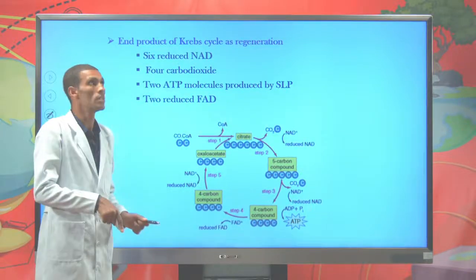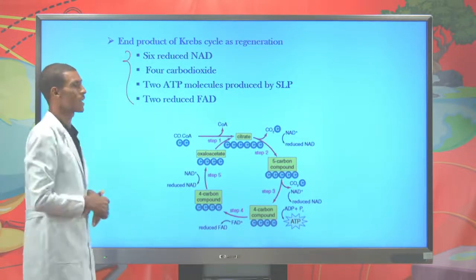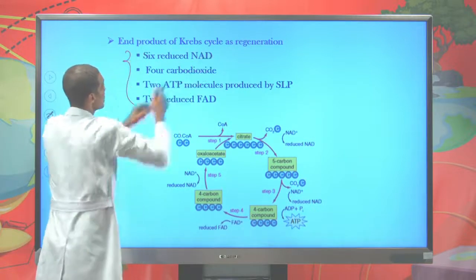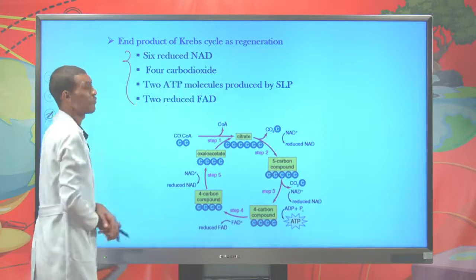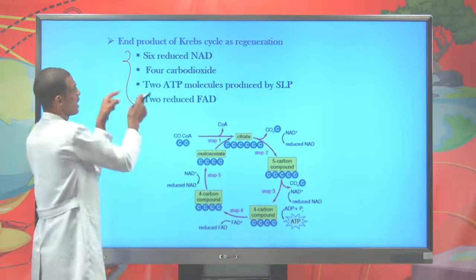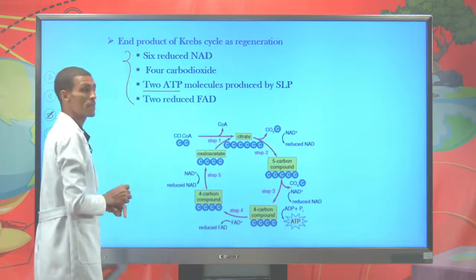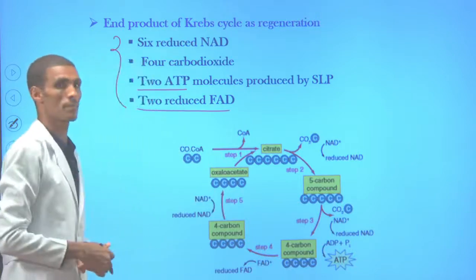Within 2 cycles, there is a production of these products in Krebs cycle. So generally, in Krebs cycle, we end up with 6 reduced NAD, decarboxylation of 4 carbon dioxide, and the production of 2 net ATP, and again generation of 2 reduced FAD.